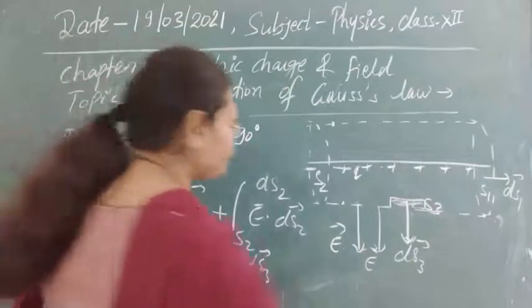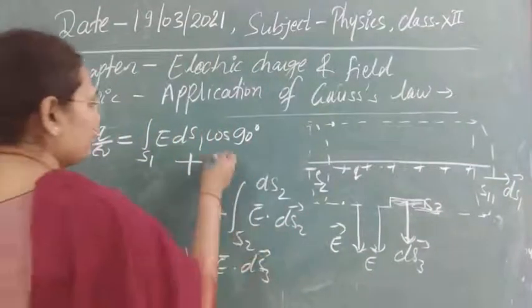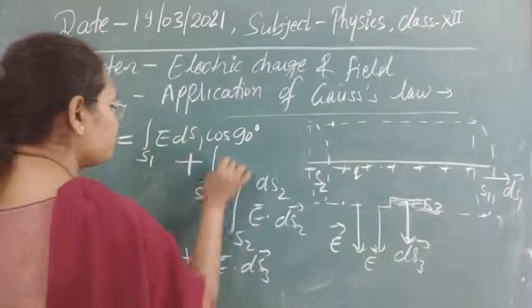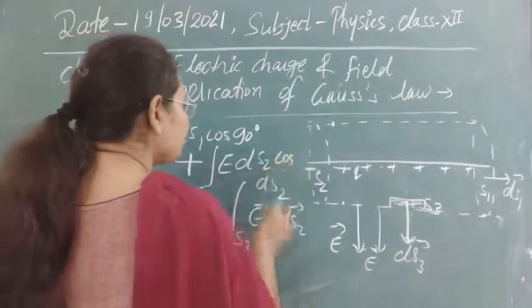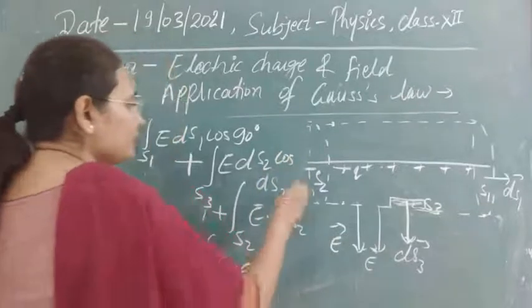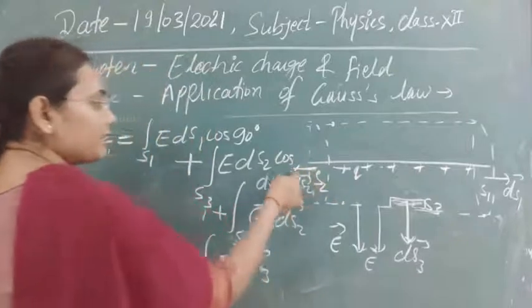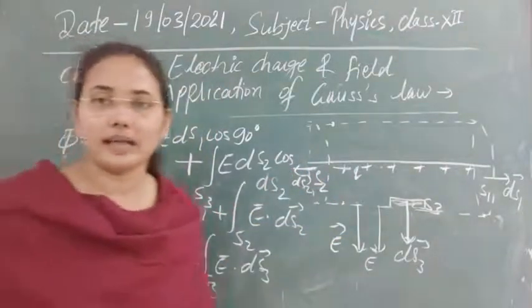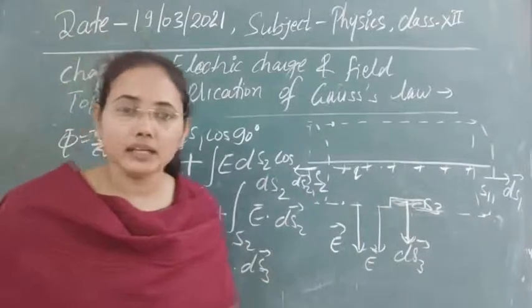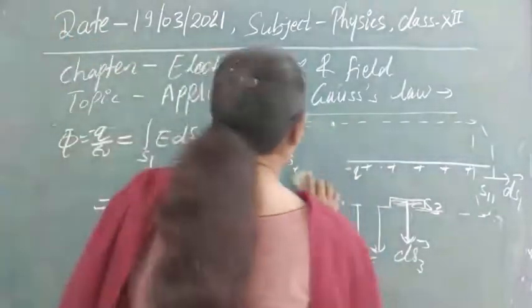Plus, for the second one, if we expand S2, this is E ds2 into cos of the angle, and clearly ds2 is also in a perpendicular direction, means the angle between ds2 and E is 90 degree.